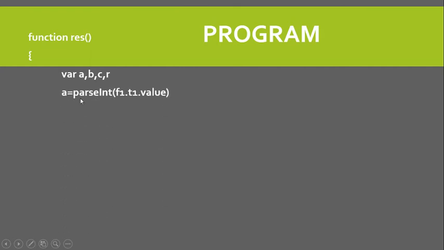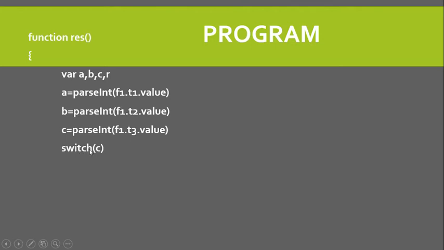So a is equal to parseInt, with a small p and capital I, in bracket f1.t1.value, this is your first input. Then b is equal to parseInt f1.t2.value. Clear? Then c is equal to parseInt f1.t3.value. So I have to take t3 input from the user. parseInt means it converts the string value into an integer and stores it in your particular variable.